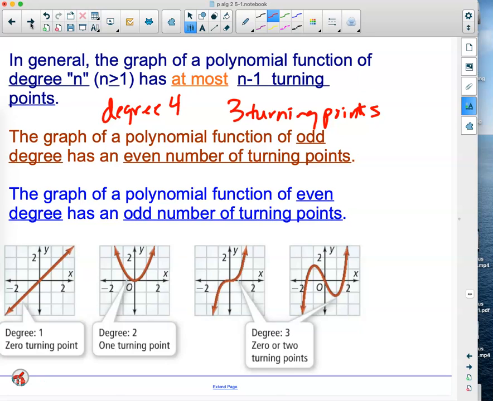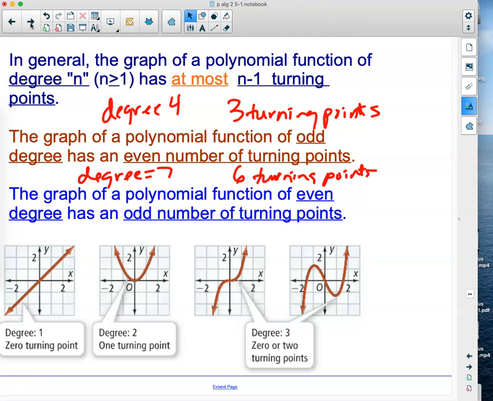And it says the graph of a polynomial function of odd degree always has an even number of turning points. And you think, well, duh, because if it's an odd degree polynomial, let's say it's degree 7, then you take 7 minus 1 and you get 6. And no matter what odd number you pick, if you subtract 1, you're going to get an even number.